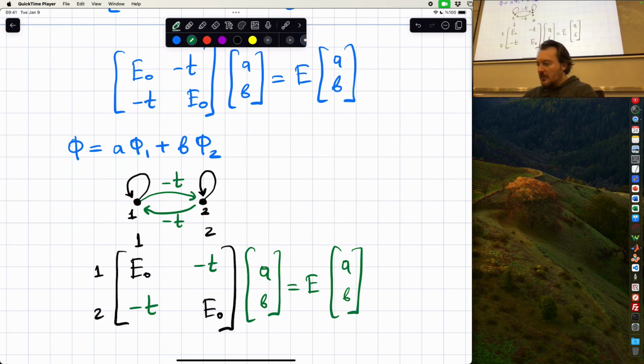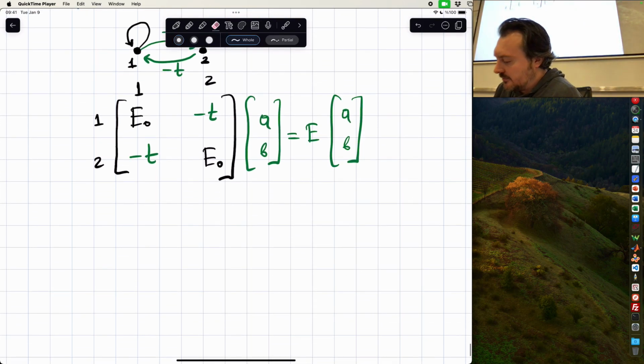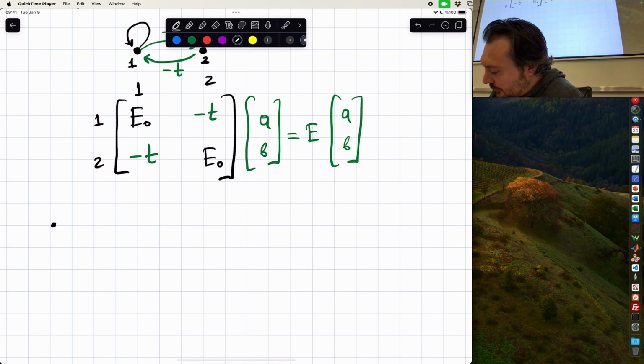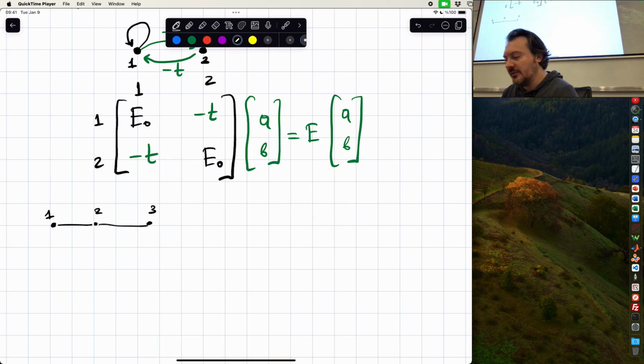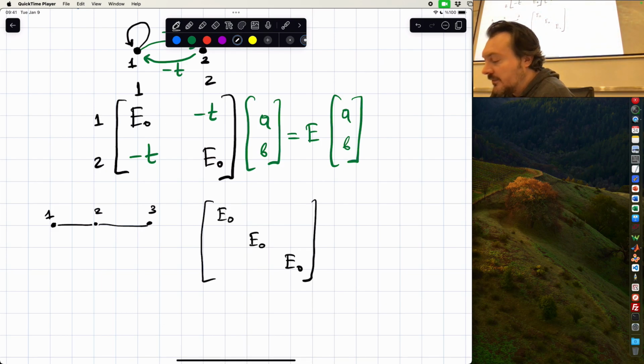So let's make a small homework here. There are no homeworks, don't worry. You already got the last homework. But if you have 3 atoms, how would you write tight binding for these 3 atoms? First of all, what is the size of the matrix? 3 by 3, right? So you have on-site energies E0, E0, E0 on the diagonals.